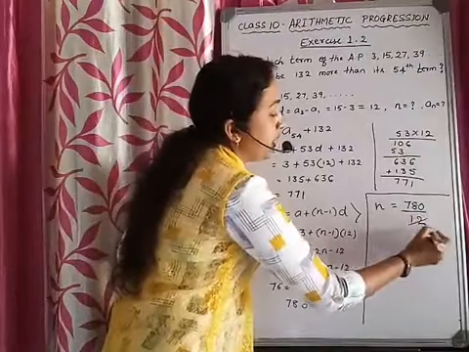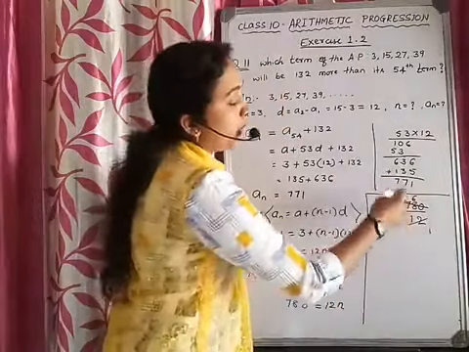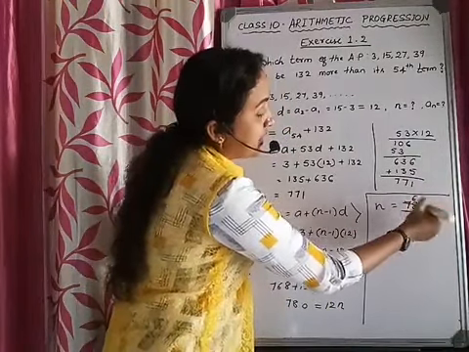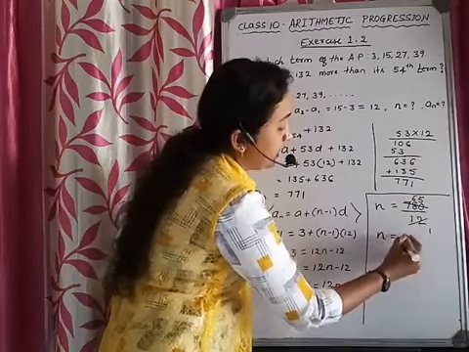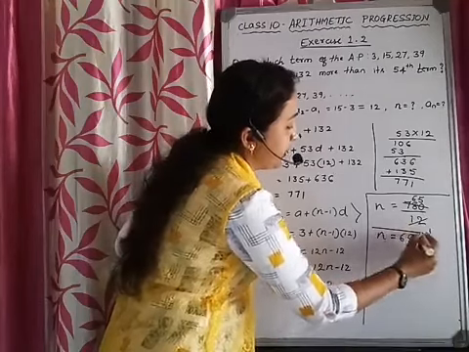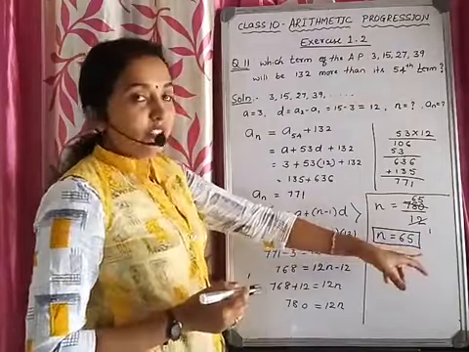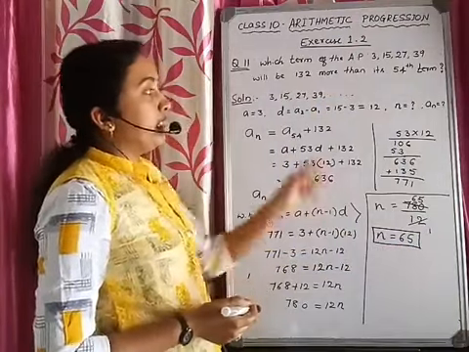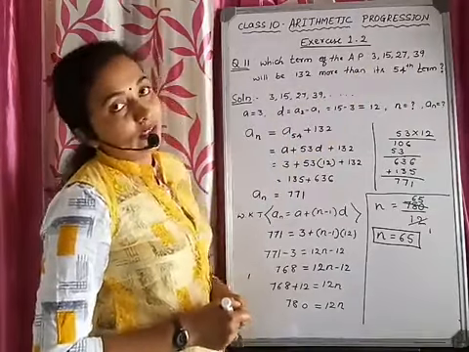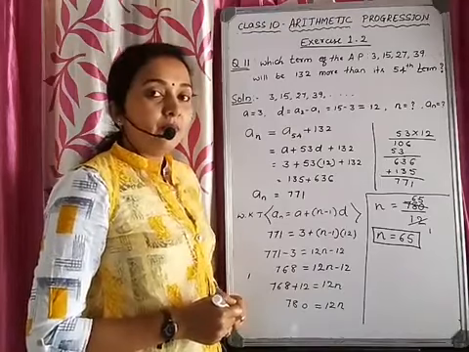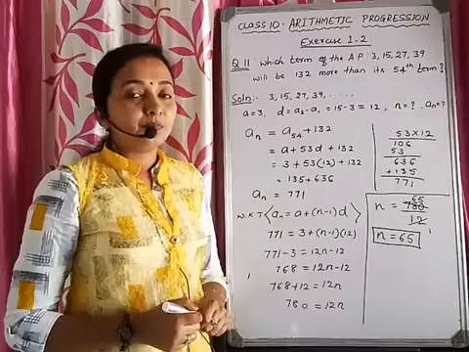So 12 ones are 12, 12 6s are 72. So 6, carry 60, 12 5s are 60. So n is equal to 65. Now we know that the 65th term of this AP is 132 more than its 54th term. Do you understand, children? Okay, now we have come to the end of this class.